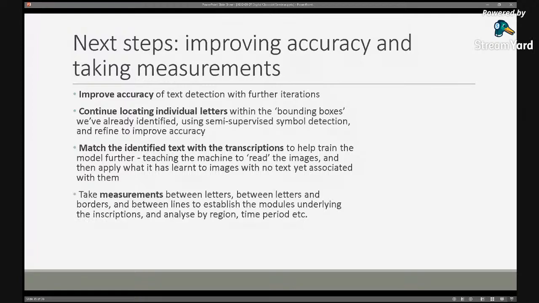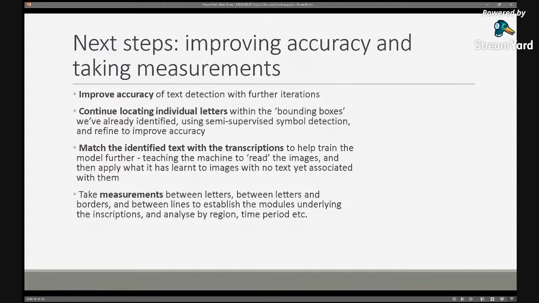Then obviously at that point we can start thinking about taking those measurements that we need between the letters, and between the lines, and in borders, and we're going to try to establish whether or not there were modules that were underlying some of these inscriptions.